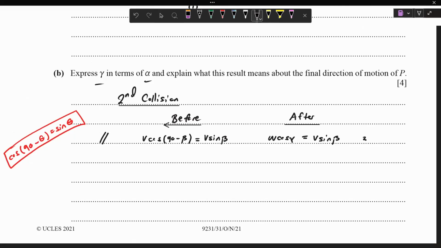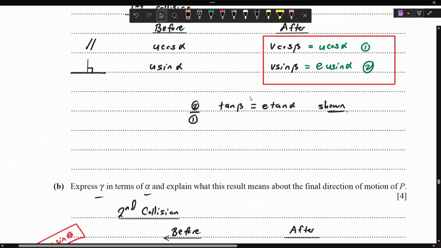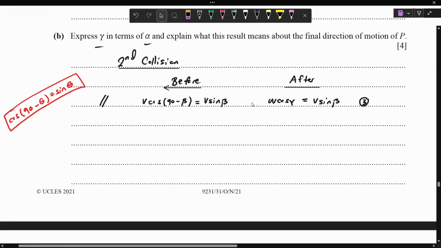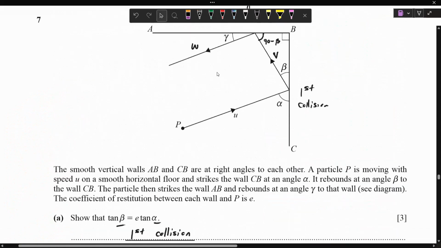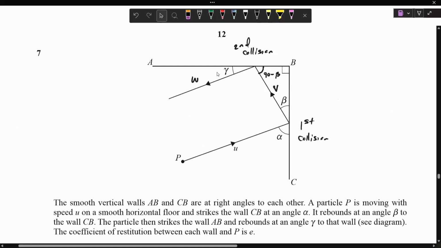And I'll call this equation 3 since we already have 1 and 2 above. Okay, so that's the first thing. For the perpendicular components, all right, before collision, we have V sine 90 minus beta.